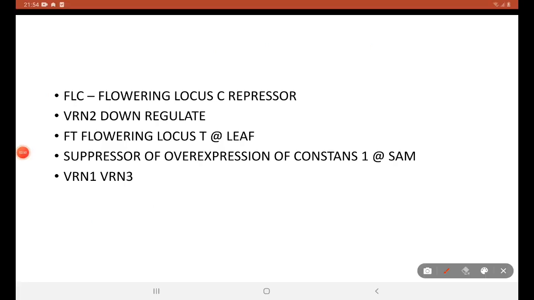We are now going to understand various components that are involved in vernalization. First one is FLC, Dushman. FLC is a Dushman, that is flowering locus C. It is a repressor that inhibits and suppresses vernalization.